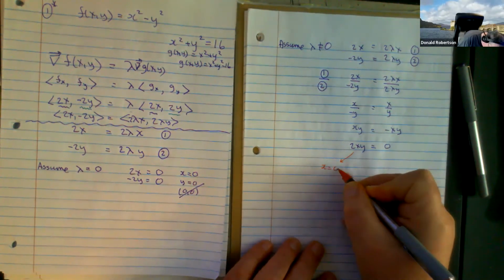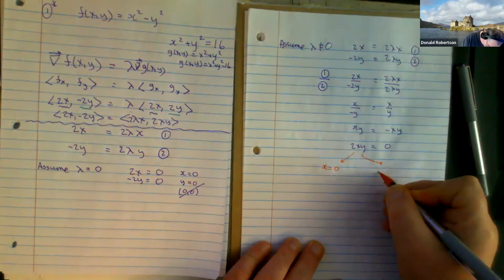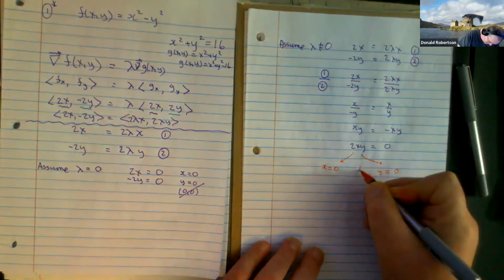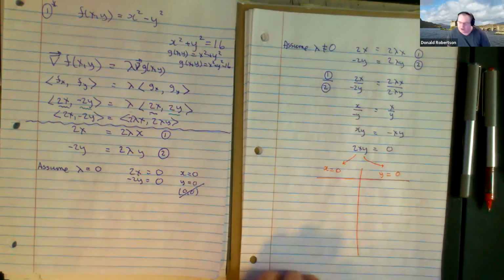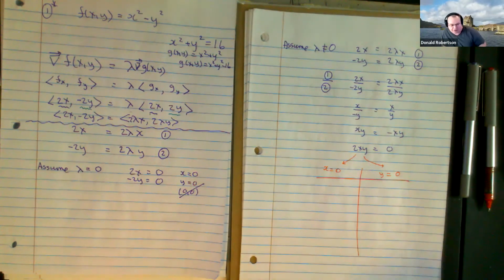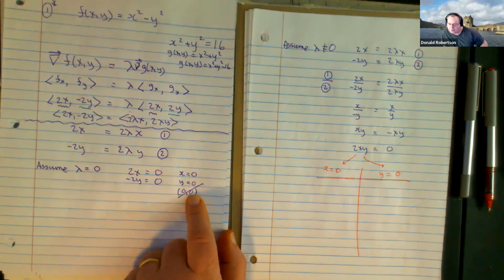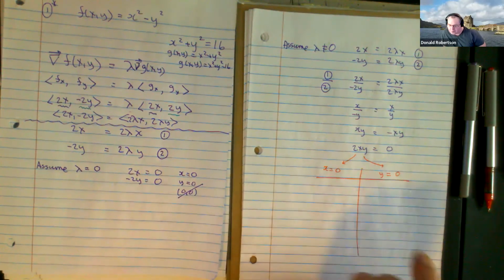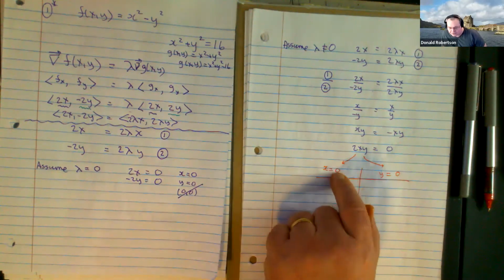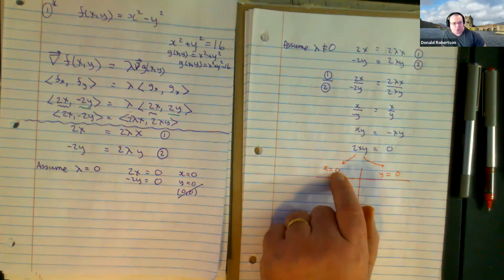There are going to be two cases, and these are going to generate potential critical numbers. You remember that potential critical number never made it. Now, I know 0, 0 doesn't work, but x equals 0 might work.